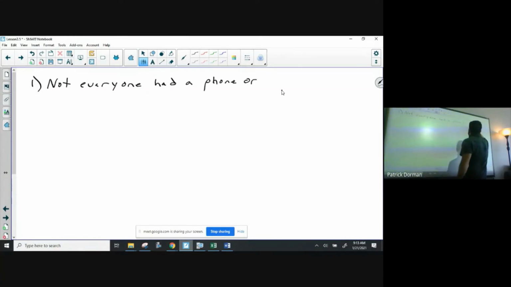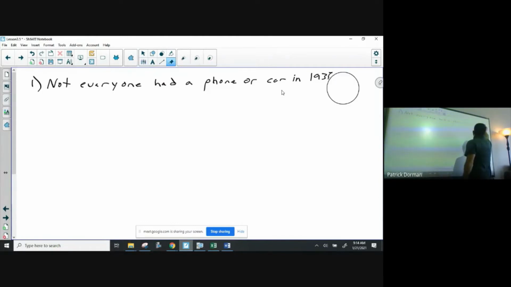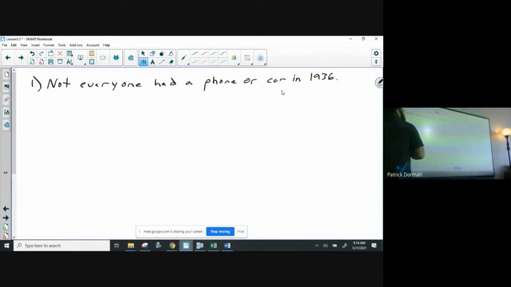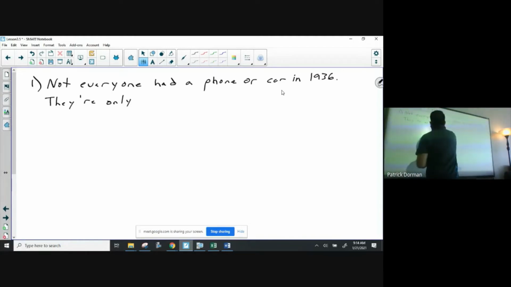In fact, very few people probably had a car in 1936. Really good old 1900s. Let's see. Also, they're only going to be surveying people that can afford a subscription to a magazine.